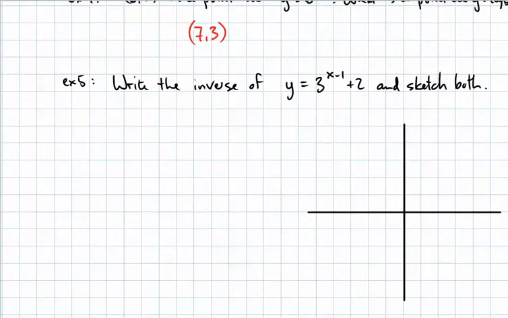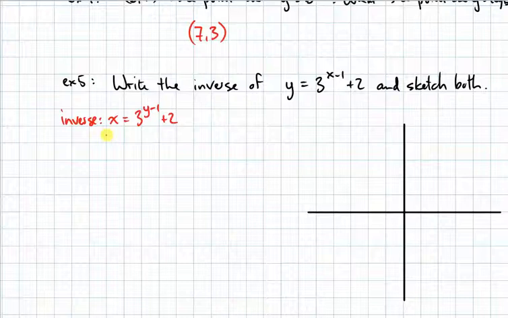And next, here is an exponential function, and I would like you to sketch it. I'd also like you to find the inverse of it and sketch that. Let's look at the inverse first. For the inverse function, when I see y, I will write x. When I see x, I will write y. I will isolate the exponential.